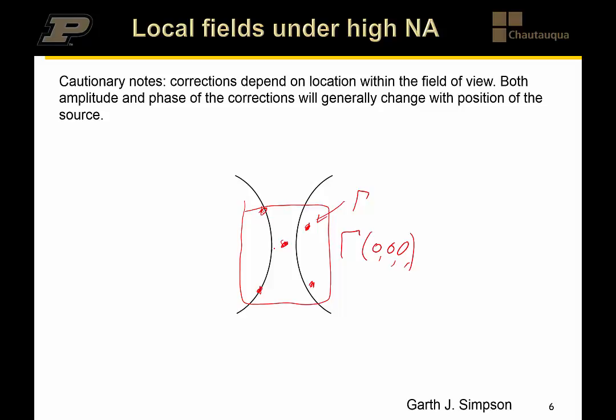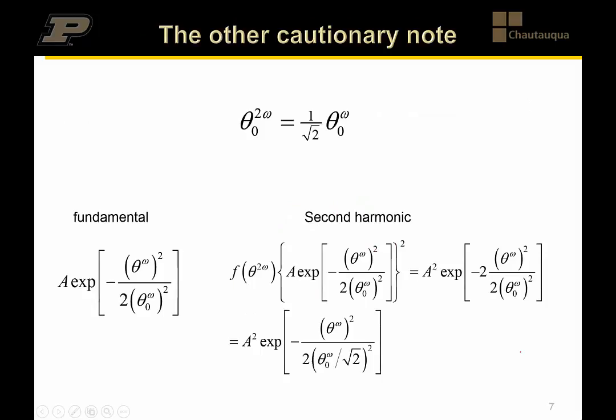Finally, the other cautionary note is that there is a difference in the cone angle when you double the frequency, such that there's a square root 2 reduction in the cone angle for the doubled frequency relative to the fundamental in second harmonic generation.